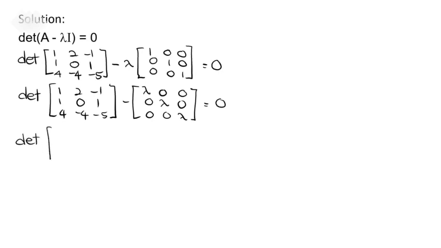So determinant 1 minus lambda, 2, negative 1, 1, negative lambda, 1, 4, negative 4, negative 5 minus lambda equals 0.